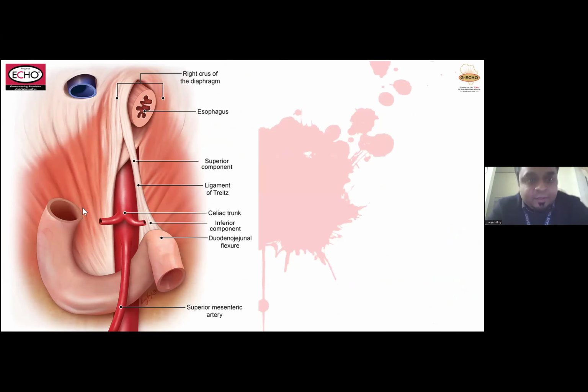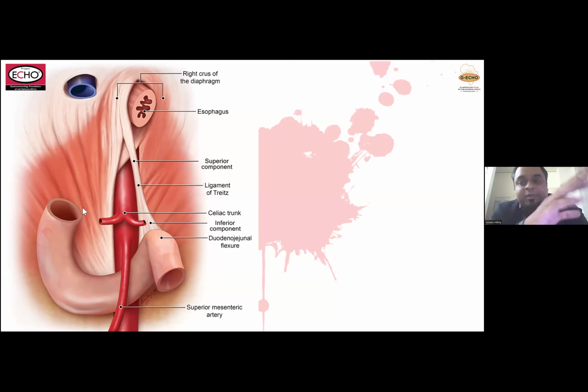So just to define what is an upper GI bleed, we've got this ligament of Treitz, which is a thin triangular double fold of the peritoneum. It has a superior component and an inferior component. The inferior component basically acts like a suspensory ligament, which holds the duodenum and the duodenojejunal flexure.